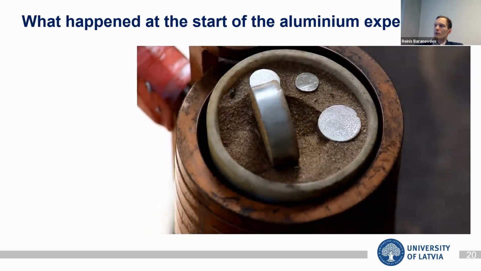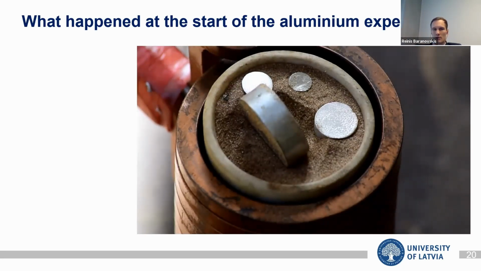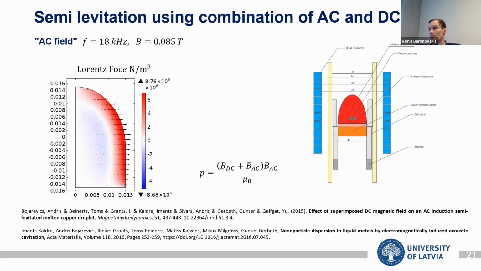So I'm showing you the same aluminum experiment, but without the glass lid on. By simply putting this aluminum in the inductor and pressing the button, we can see there are forces there. Even if we haven't altered the coil or made any special coil, this demonstrates that there are also forces exerted on the metal.